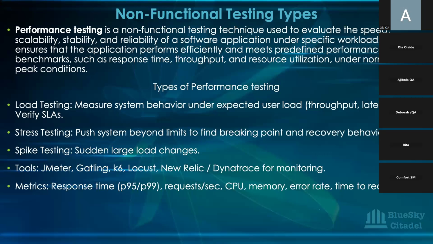And then there is spike testing. That's sudden large load changes. I would say it's more like a form of load testing, right? But it's like, oh, if we just add an extra 100 users instantly, maybe there's a coupon on our website, maybe we're an e-commerce website and Black Friday is here already or coming up. And we know that people are going to rush for a lot of stuff on Black Friday.